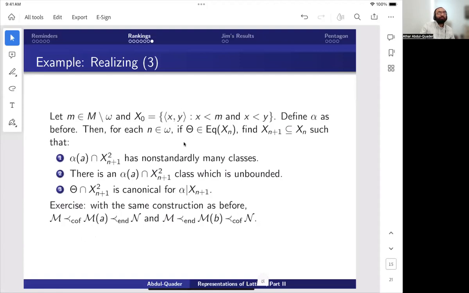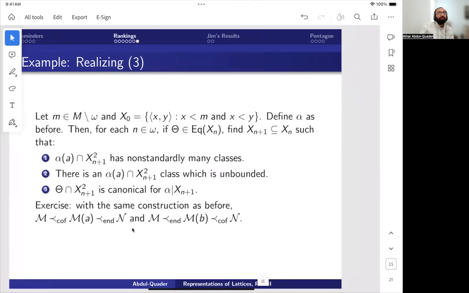And so this alpha of A class is going to be unbounded, and that means it is going to split into unboundedly many alpha of 1 classes. So if you look at how the alpha of 0 classes split into alpha of A classes, how the alpha of A classes split into alpha of 1 classes, and so on, that tells you something about this being cofinal and this being an end extension.